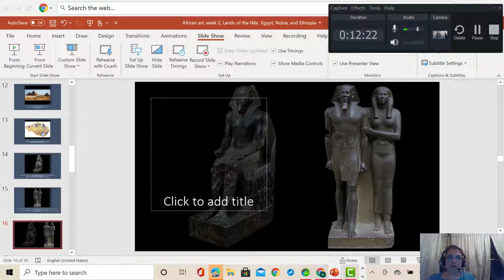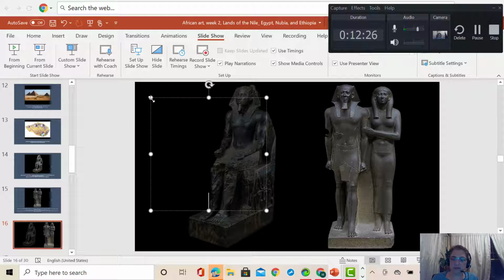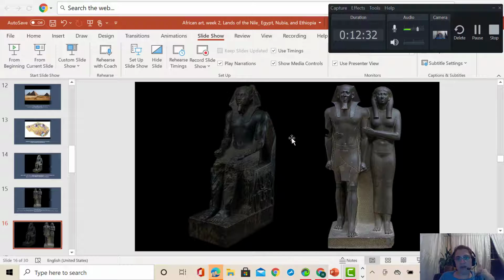So if we do a little comparison between these, we see that they're very similar in the way that they are carved. Once again, symmetrical, stiff, idealized, youthful.